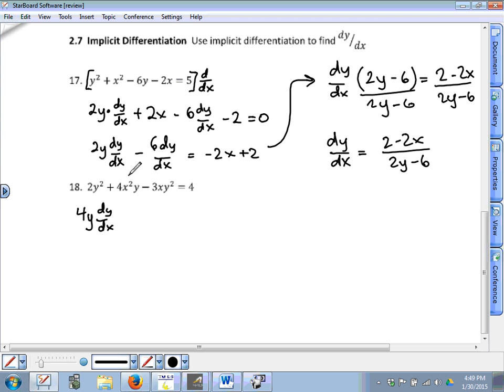Now with this second term here, you can think about this as two different functions. We have an f and a g function, so we have to do the product rule. It's going to be f prime, so that's 8x times g plus the f function times g prime.